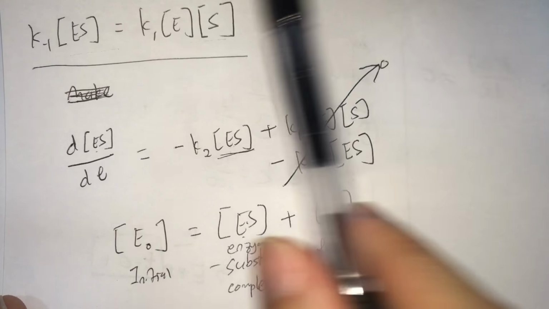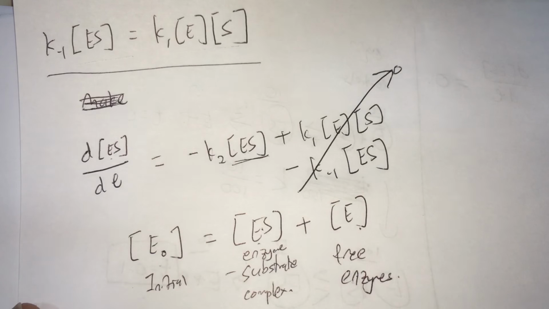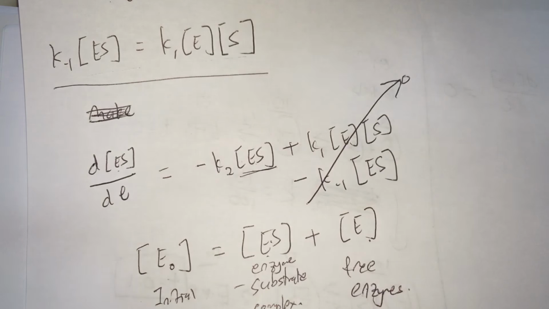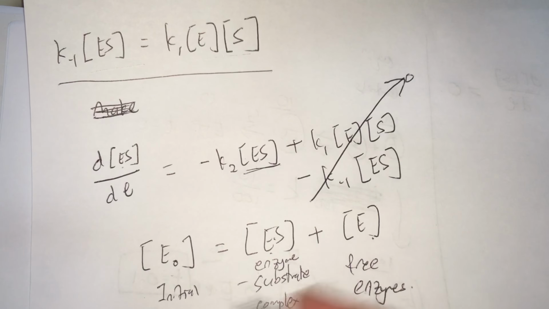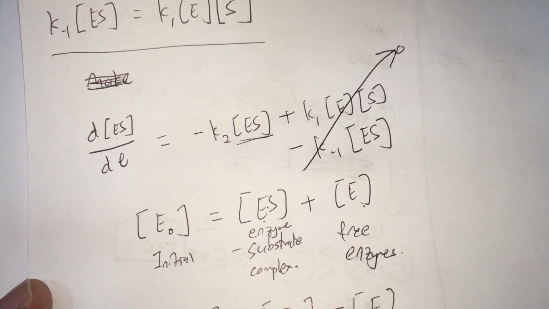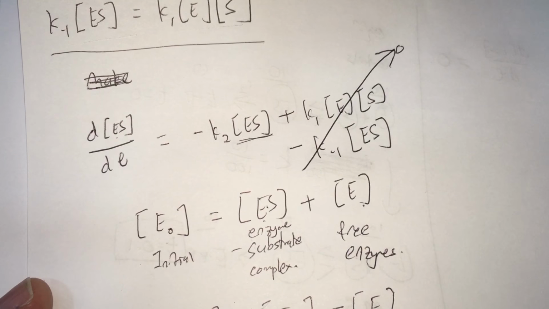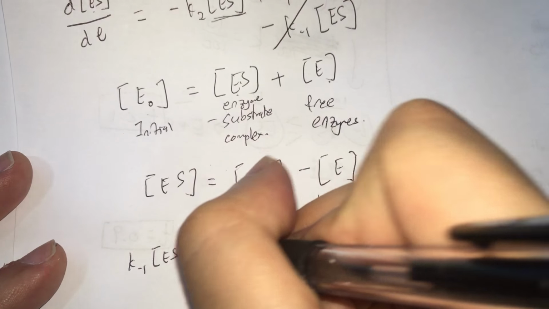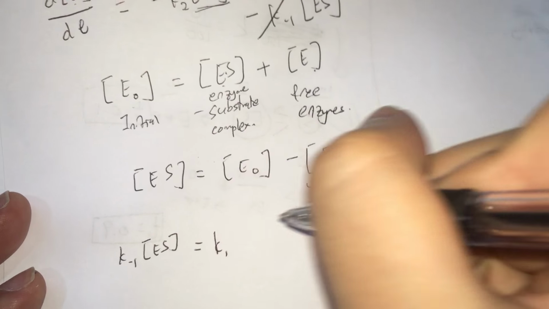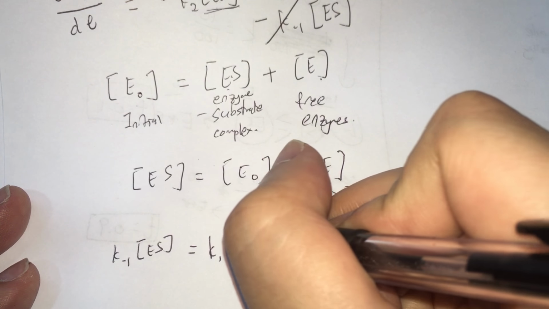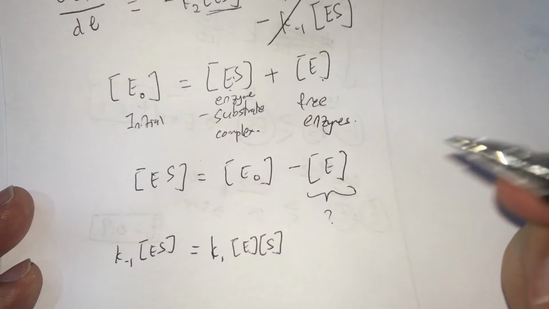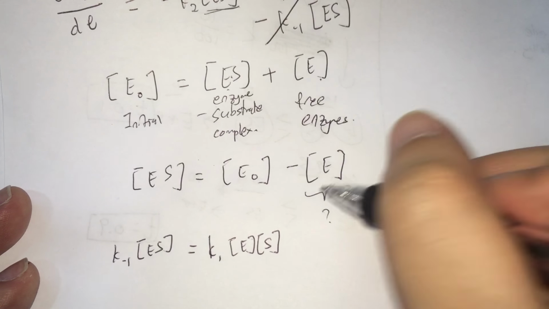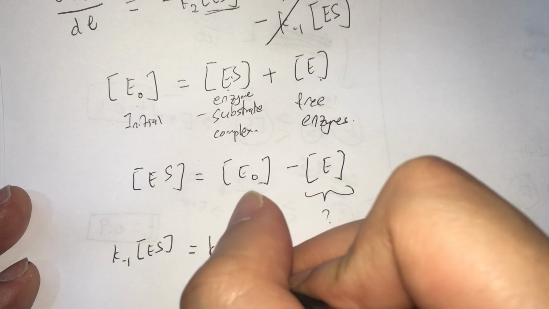Well, thankfully we have our earlier equation to help us a little bit, so let's move on with that. So we have k minus 1 times ES equals k1 times E and the concentration of S. So let's go on making E the subject.